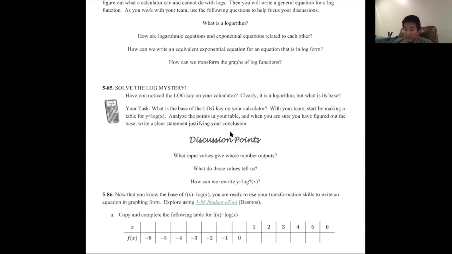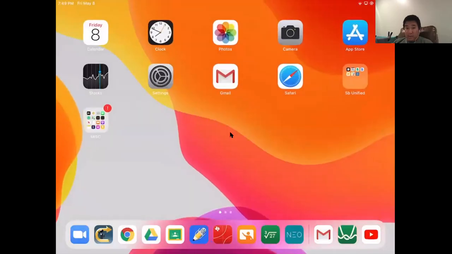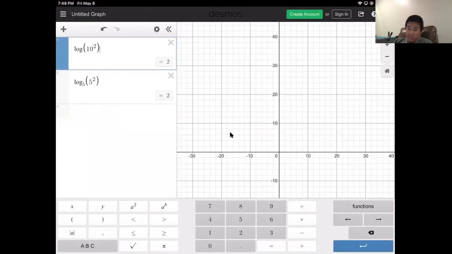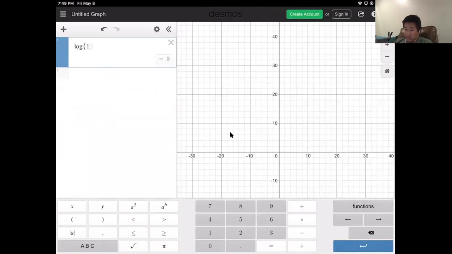Your task: copy and complete the following table for the log of x. So it's log of 1. Functions, log 1.